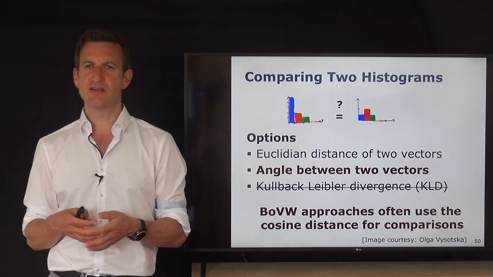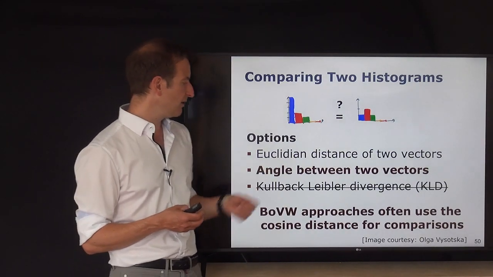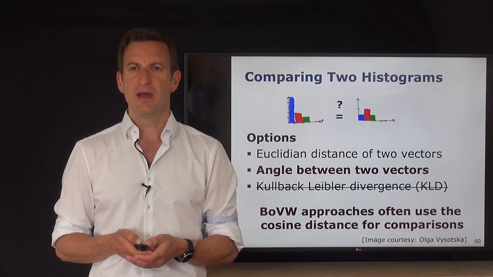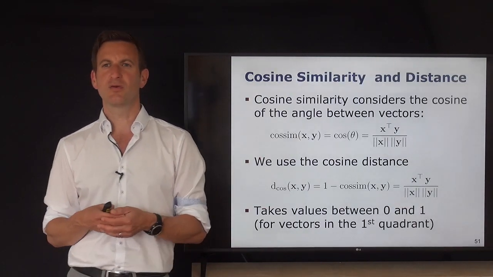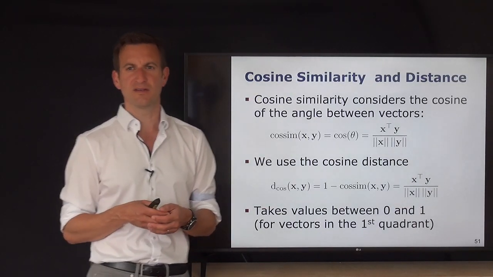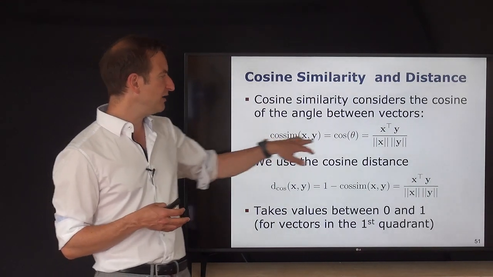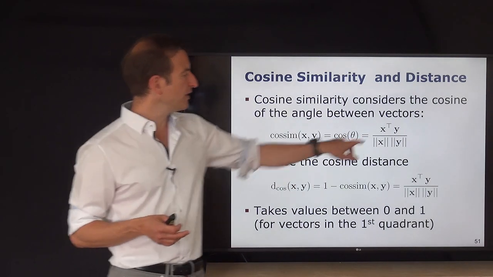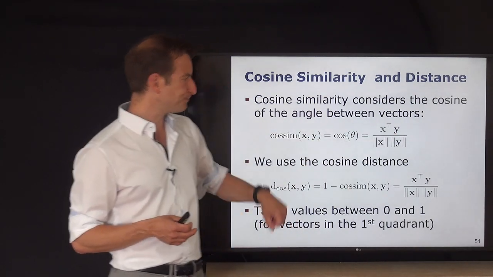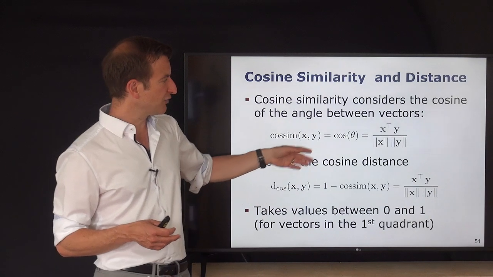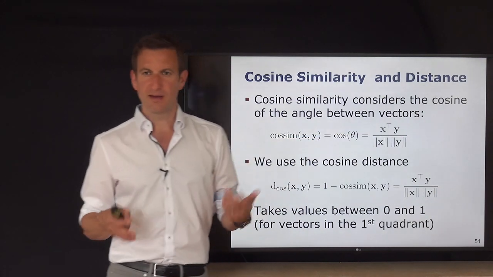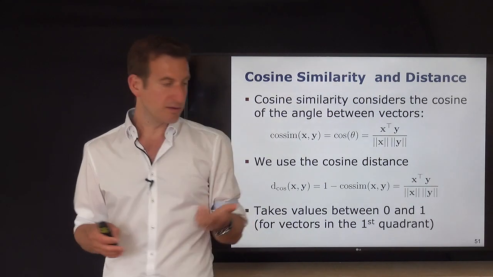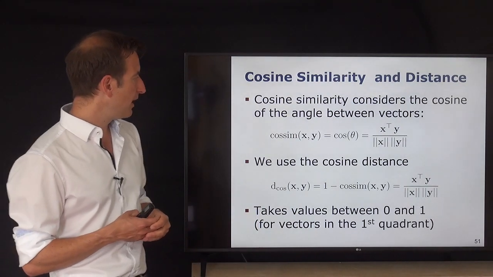But the standard choice is the distance based on the angle between them. What we basically do is compute something called the cosine similarity or the cosine distance. Cosine similarity is the cosine of the angle that is spanned by the individual vectors. So if one histogram is x and the other one is y, then the angle between x and y can be computed by normalizing the vectors and then computing the dot product between them.